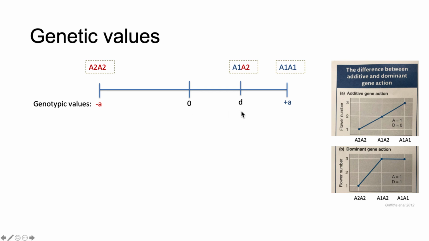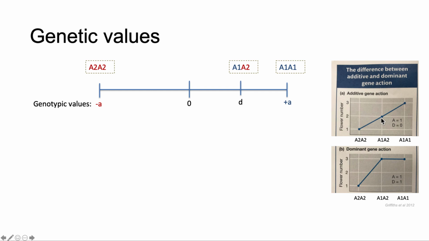And d represents the deviation from the midpoint of the homozygous lines. In this example, the trait is the number of flowers: the homozygous A2 has one flower, and the homozygous A1 has three flowers.